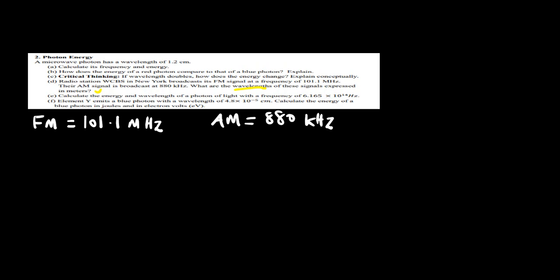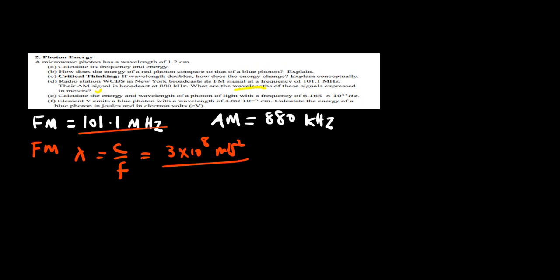So let's start with FM. How are we going to find the wavelength? We said wavelength is just equal to the speed of light over the frequency. The speed of light, we've said, is 3.0 times 10 to the power 8 meters per second, divided by the frequency of FM we've been given, which is 101.1 megahertz. Now mega, we know that mega is just a million.